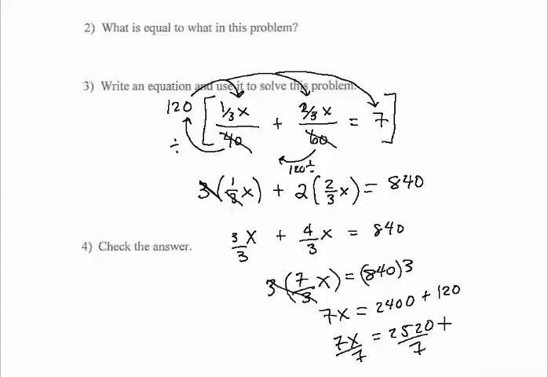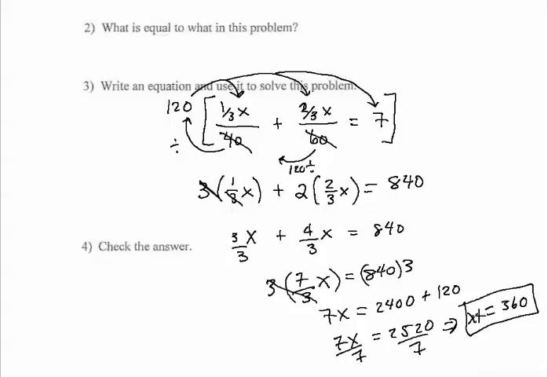Finally, we divide by 7. 7 goes into 25 3 times, and then a 420 is left, and so we get 360.